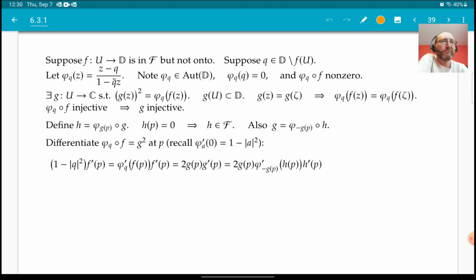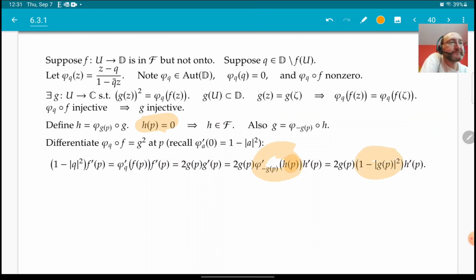And so now you have to unroll the definitions. Let's leave this guy here, and I could differentiate this thing. If I differentiate the g, again by chain rule, I'm getting this guy. And h at p is 0, so I'm really plugging in 0 here.